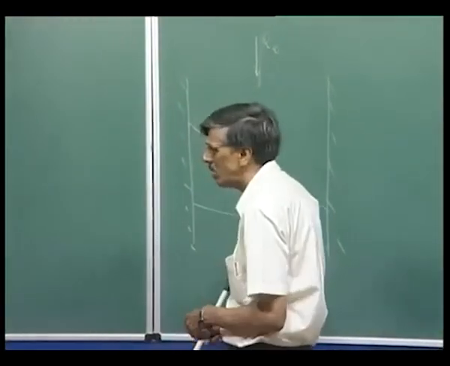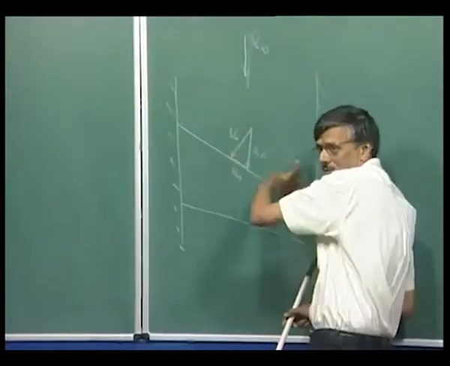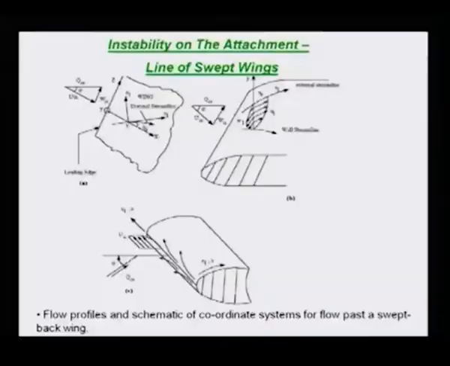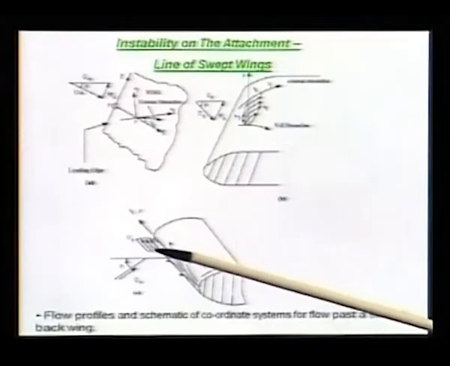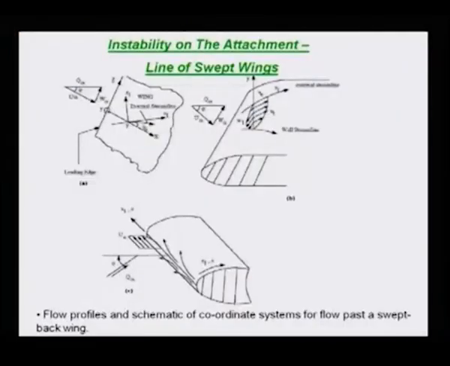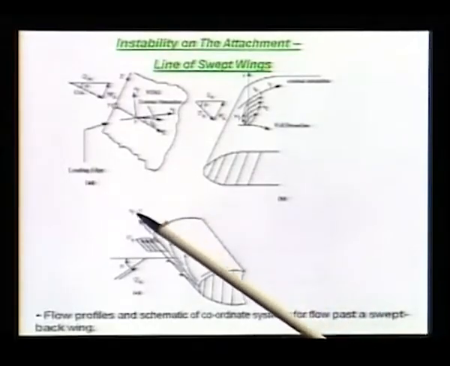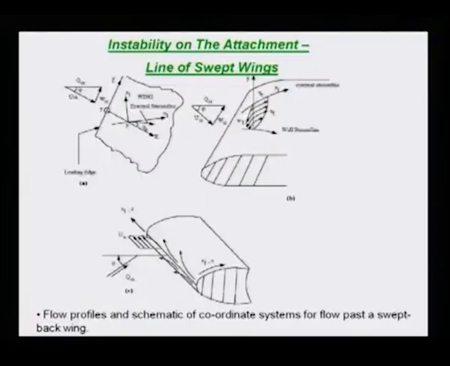But in the attachment line plane, you do not have this normal component. The flow is in the spanwise direction. So, that is what we are calling the streamwise component. The flow that is in the spanwise direction is the flow direction. So, that is why there is a kind of exchange of axis system. That is why you would notice that we have identified that axis as x 1 and z.